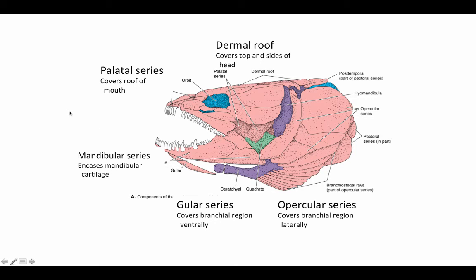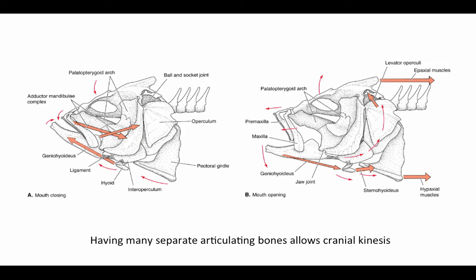And the fact that we have all of these individual small articulating bones creates the possibility of cranial kinesis. So what we end up with in more derived, particularly teleost fish, is this highly mobile dermatocranium that allows for very elaborate jaw protrusion.